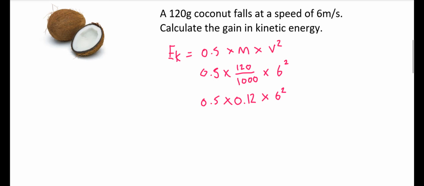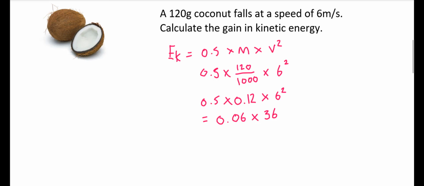Now we can start to work this out. Well, 0.5 times 0.12 would just give us 0.06, and 6 squared just means 6 times 6 gives us 36.